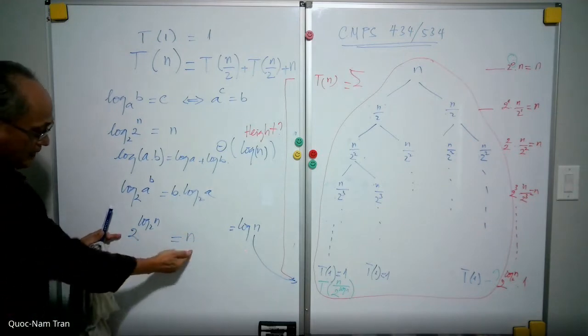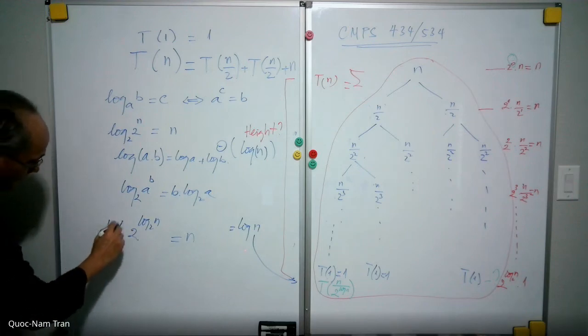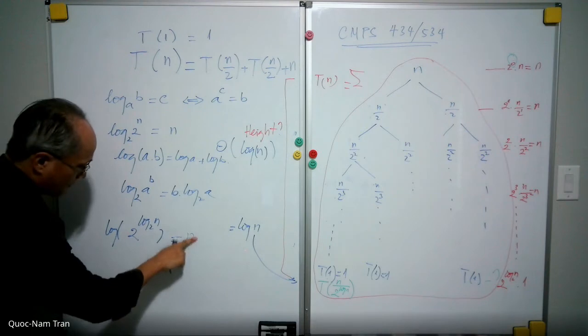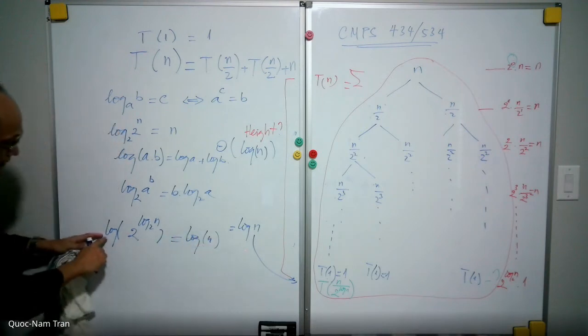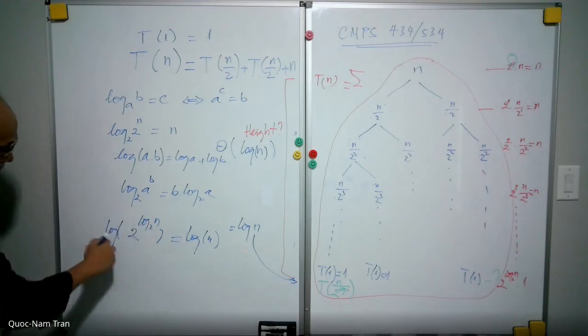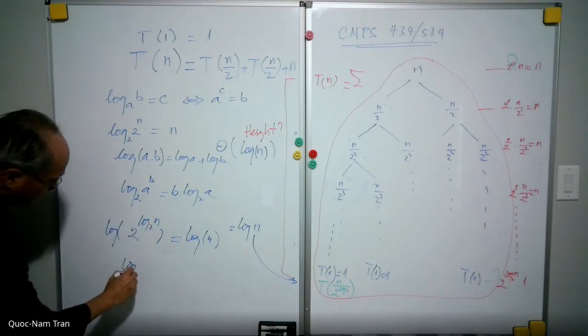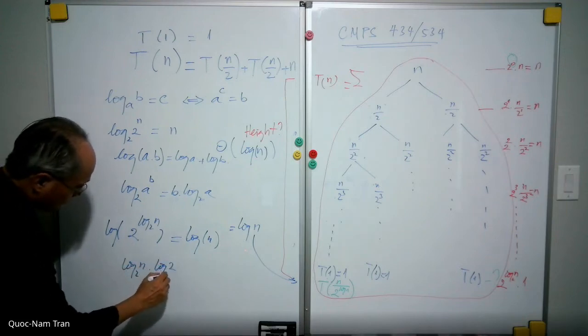We take log 2 of both sides. Then log of 2 power this will be log 2 of n, bring it down, times log 2 of 2.